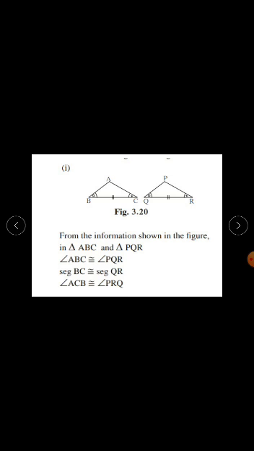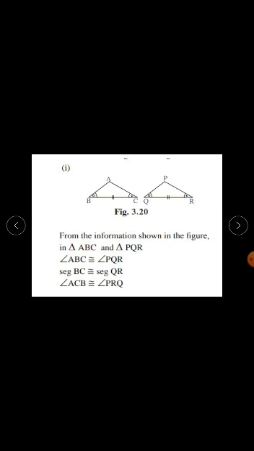So here angle BAC is congruent to angle QPR, and the reason is corresponding angles of congruent triangles. In short form, you can use CACT. So these two angles are congruent by CACT.